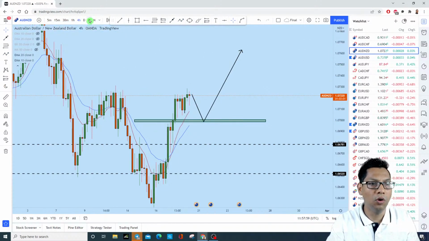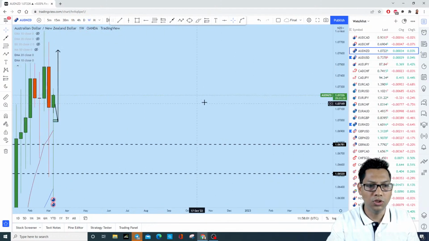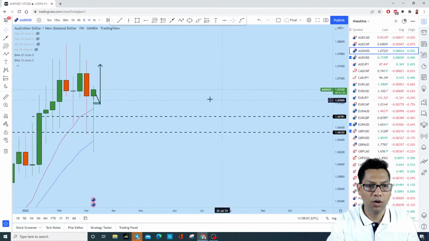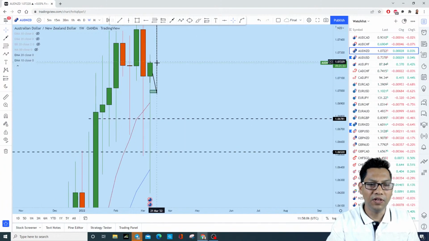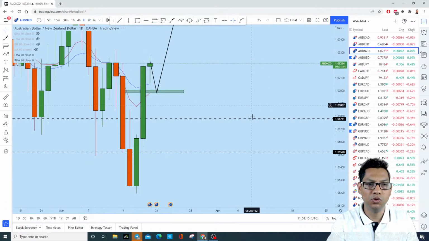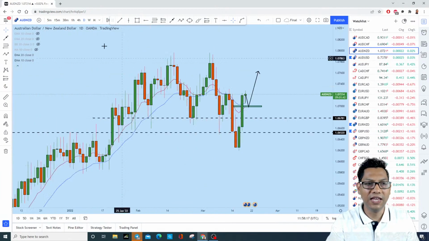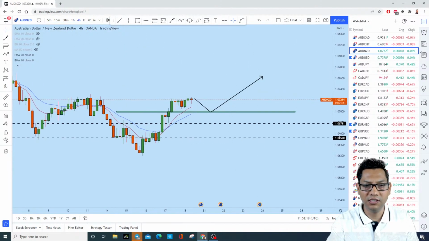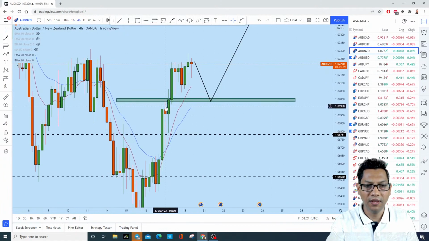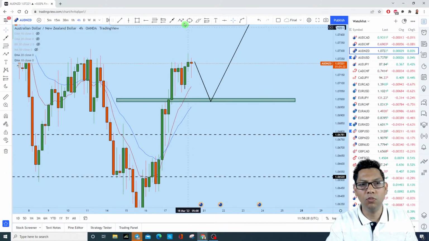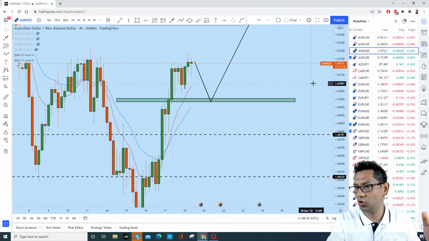This is justified on the weekly, because if this candle closes here, then the next one should come for a retracement to the downside and then go up. There is a red candle here, AUD NZD likely to drop here, probably testing this 20 period moving average, and then likely to go up.